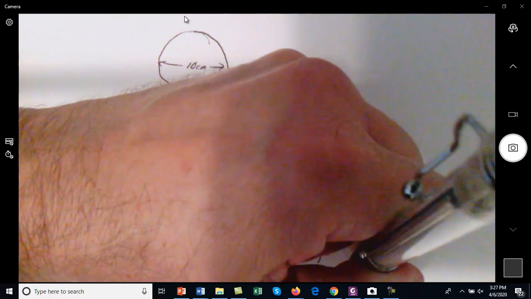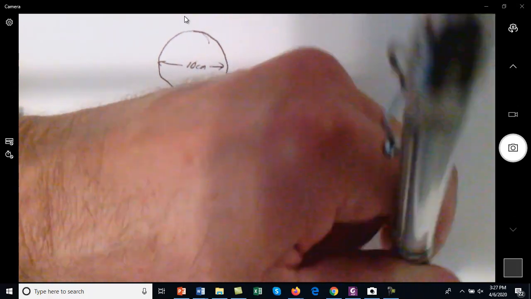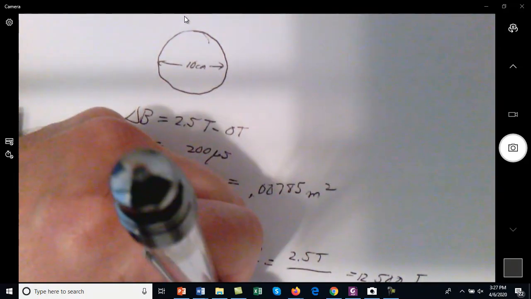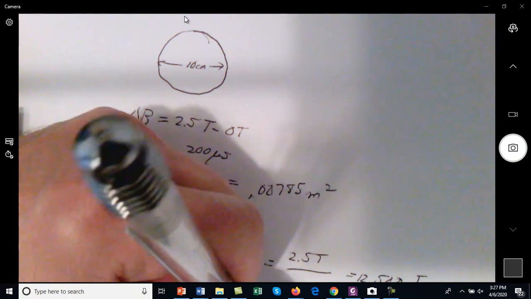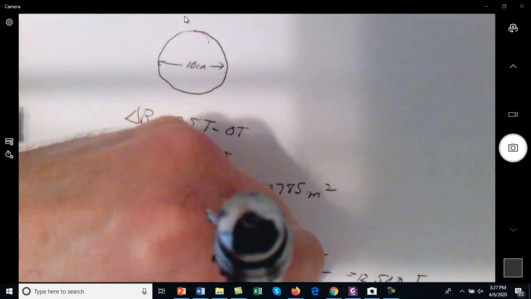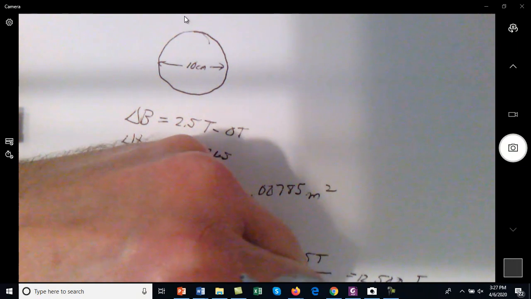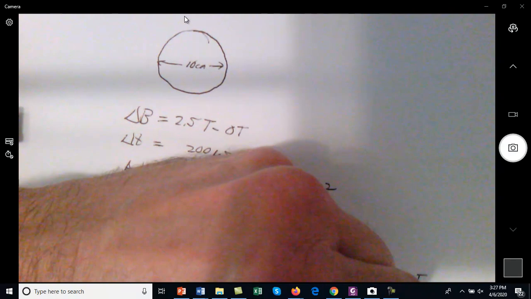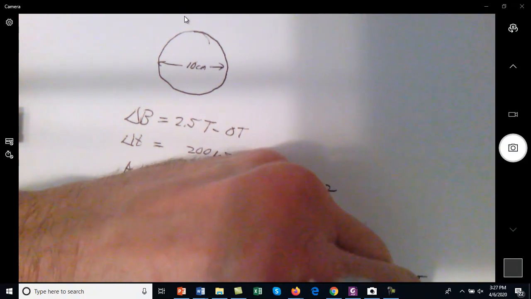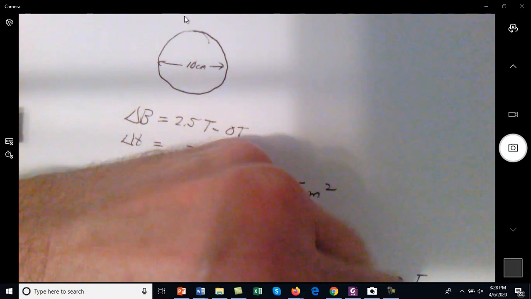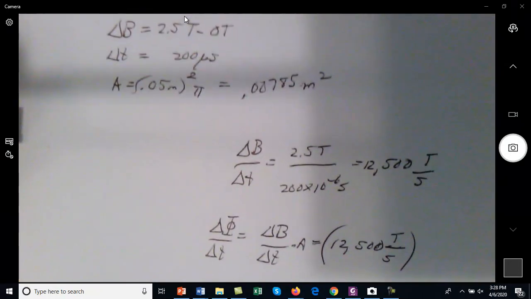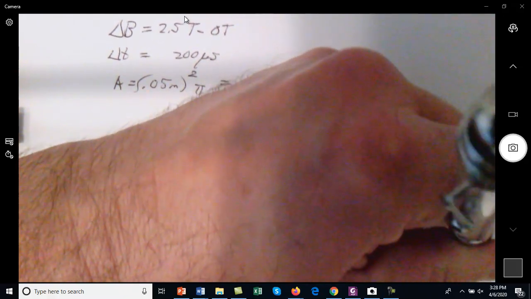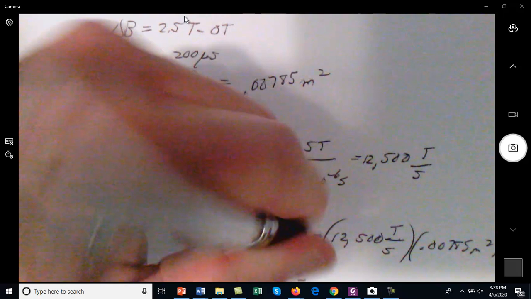So that gives me 12,500 Tesla per second. If I want to know my change in flux over time, then I just take my change in magnetic field over time and multiply by area. So that is 12,500 Tesla per second, keeping it off the page again, times area, 0.0785 meters squared.